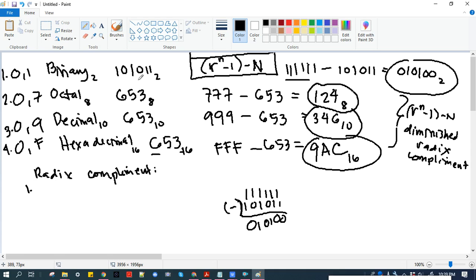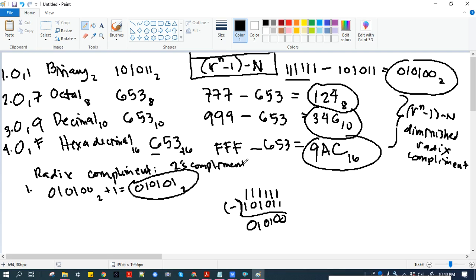For number 1, the radix complement of this number is the diminished radix complement 010100, base 2, plus 1, so that is 010101, base 2. This is the radix complement, or the 2's complement. This is the 1's complement, since we are in binary.